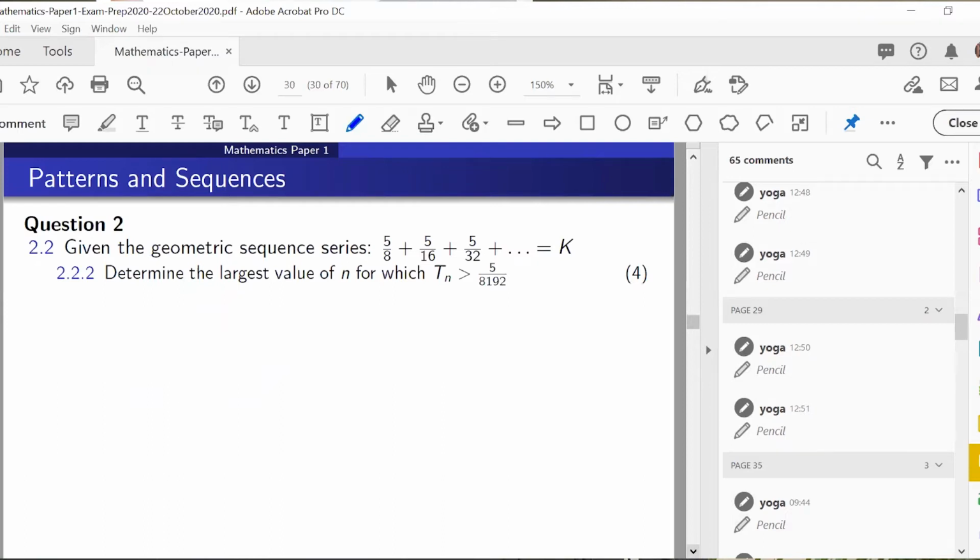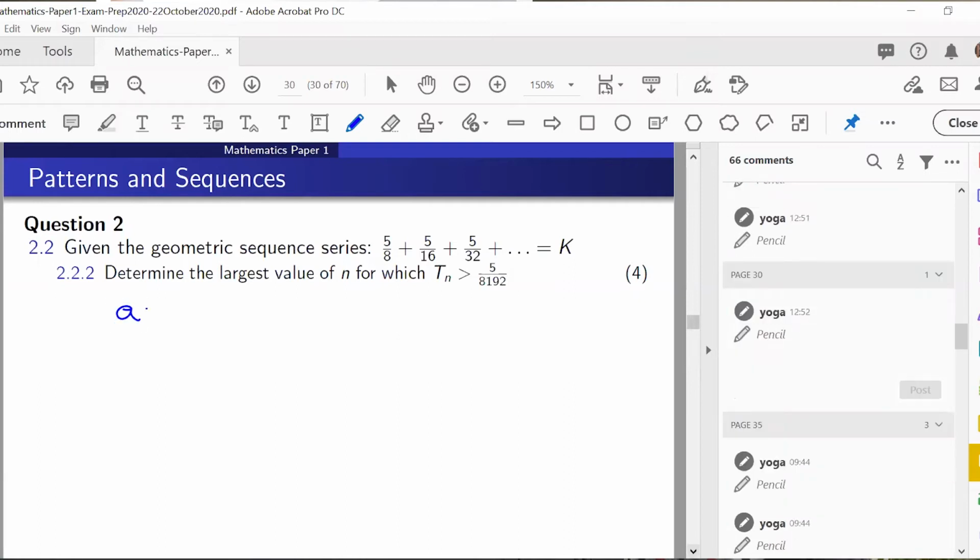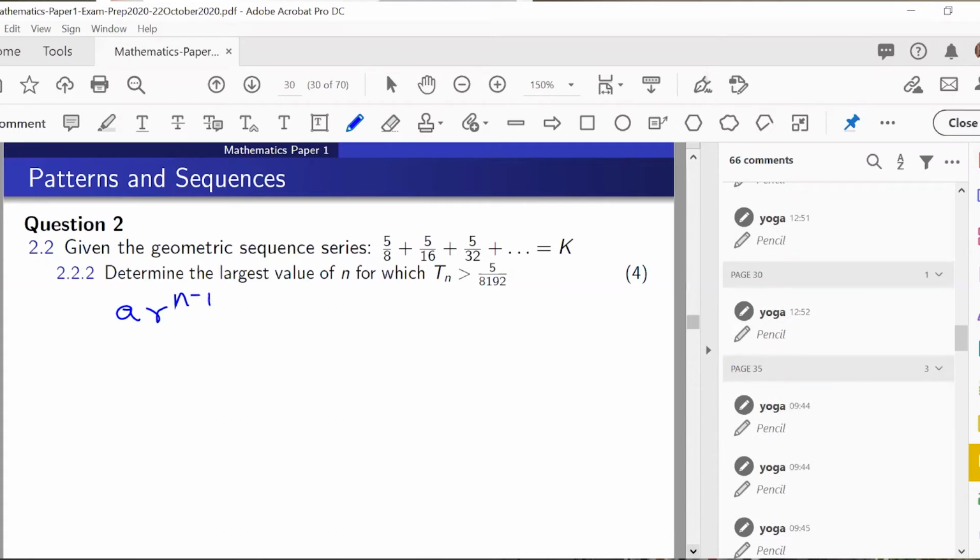In the next question, we must find the value of n for which Tn is greater than 5/8192. Now, Tn is given by a r to the power n minus 1, and that must be bigger than 5/8192.